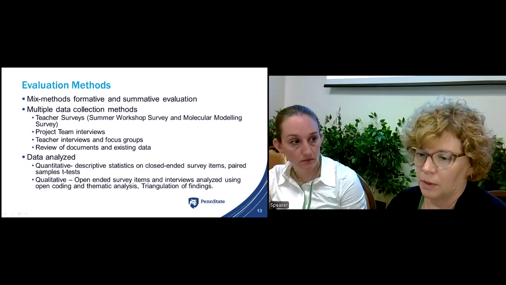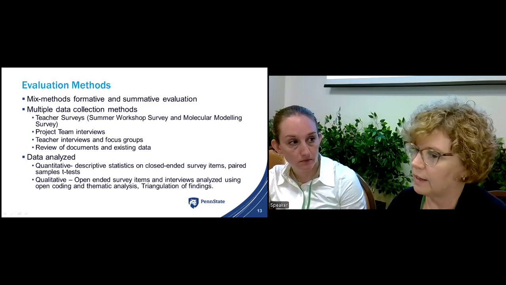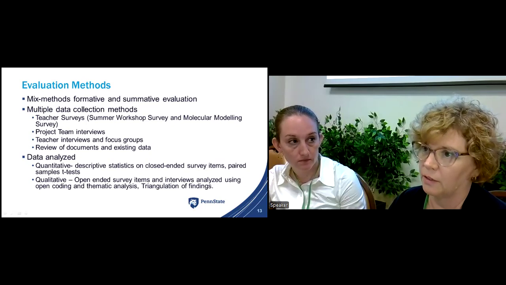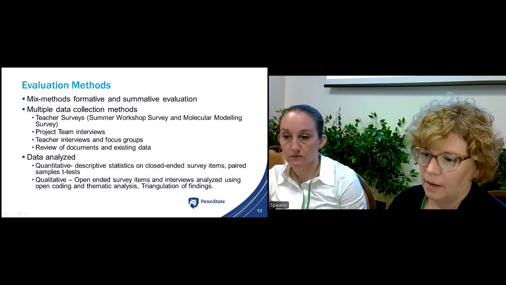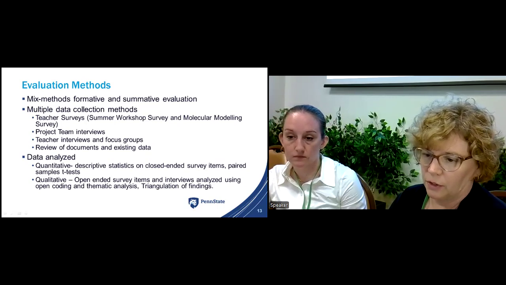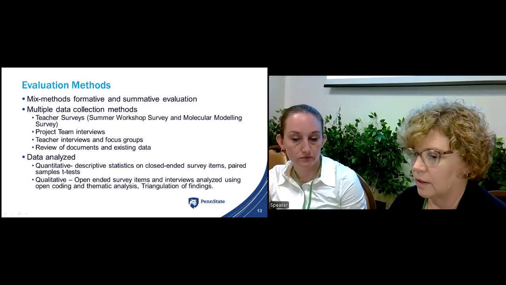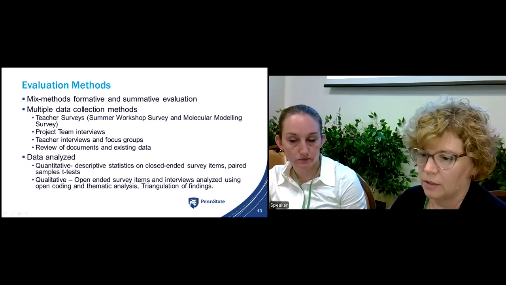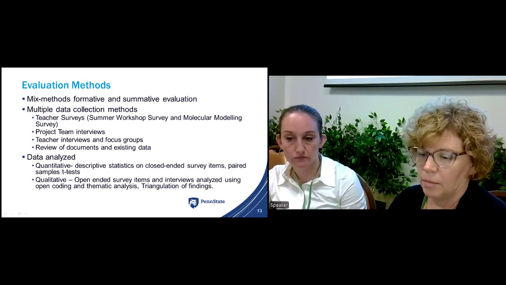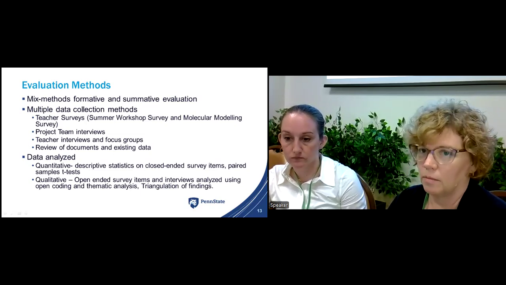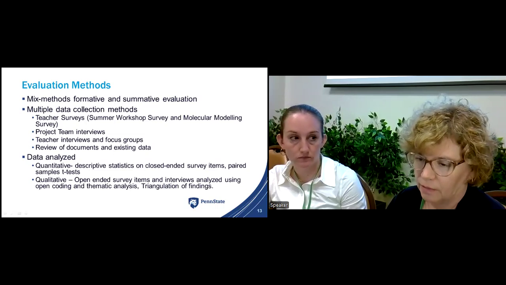The group that we worked with collected teacher surveys, did project team interviews, so with ourselves, the faculty and the College of Science and Medicine, as well as teacher interviews and focus groups. They reviewed documents and other data that they collected from the teachers. And then they did both the qualitative and quantitative analysis that helped us report our findings.